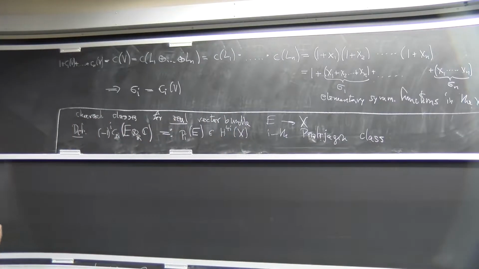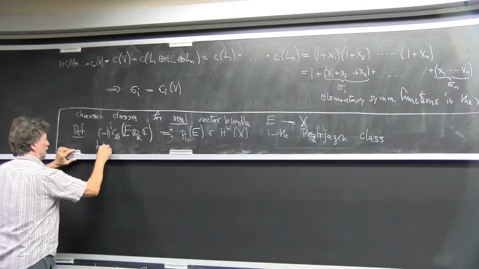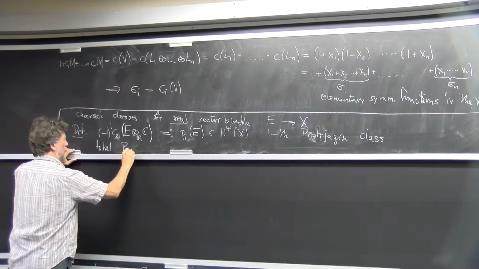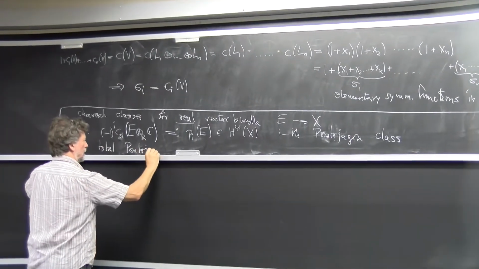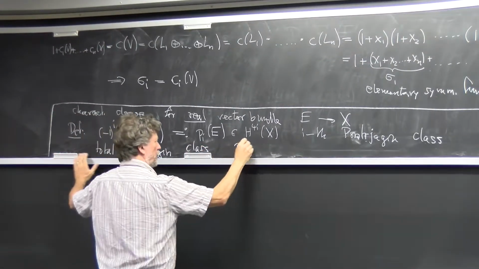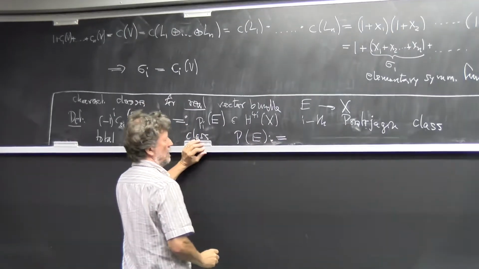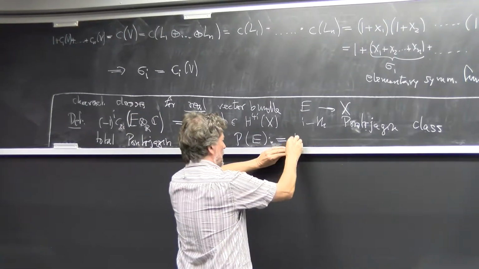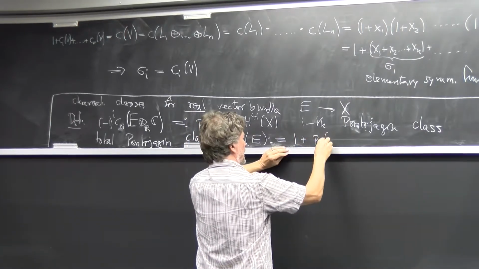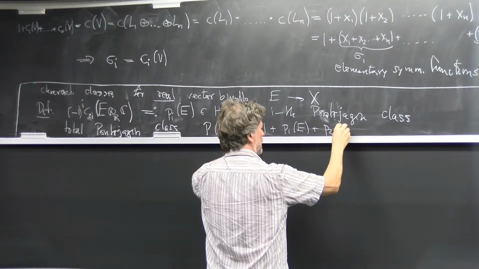And you can also then define the total Pontryagin class. It's called P of E, by saying you take 1 plus the first Pontryagin class of E plus the second Pontryagin class of E, and so forth.